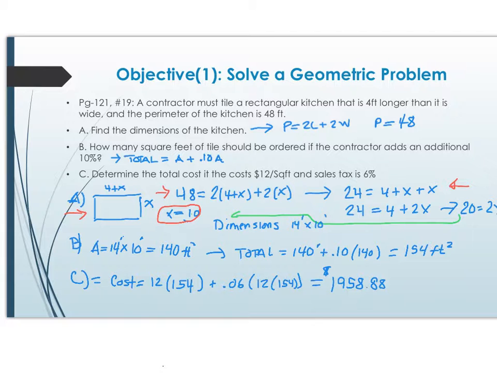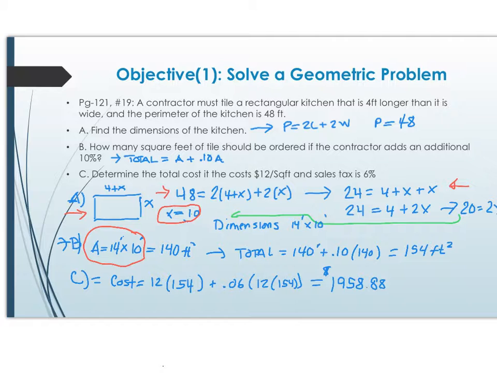So now in part B, I see that the area is equal to the length times the width, which is 14 times 10, which is 140 square feet. And so my total of tile area that I need is going to be the area plus 10%, which is 140 plus 0.10 times 140. That gives me 154 square feet.